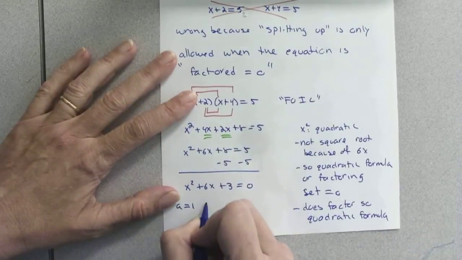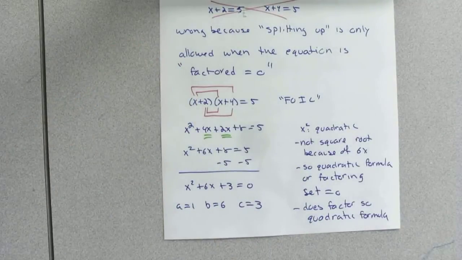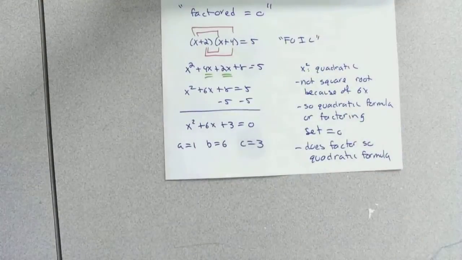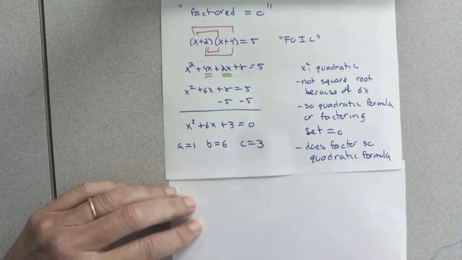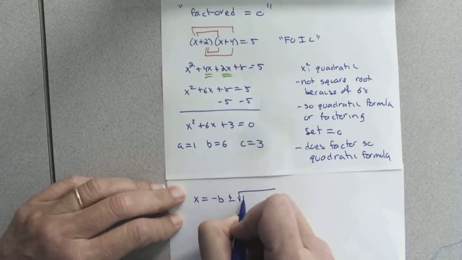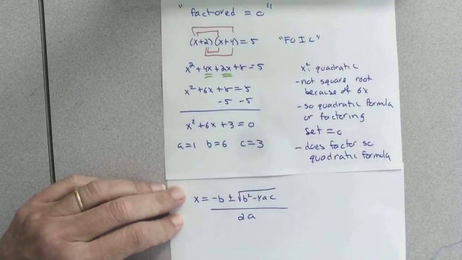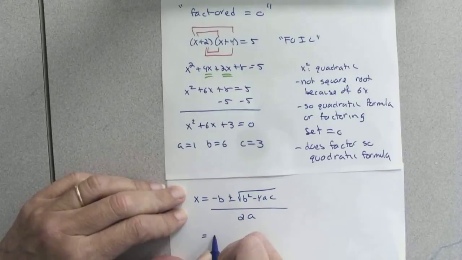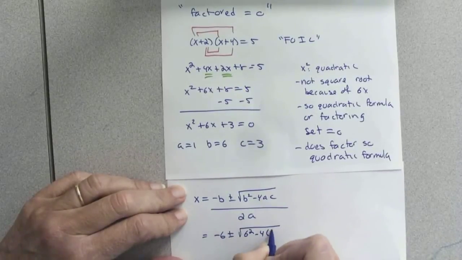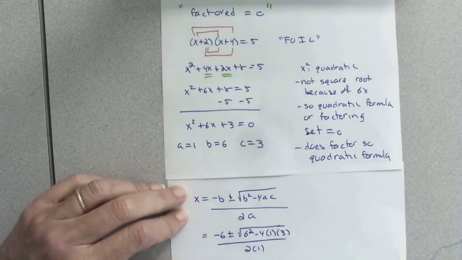And so in this case, a is 1, b is 6, c is 3. And I go into the quadratic formula. X equals negative b plus or minus the square root of b squared minus 4ac all over 2a. So I'm going to have negative 6 plus or minus the square root of 6 squared minus 4 times 1 times 3 all over 2 times 1.